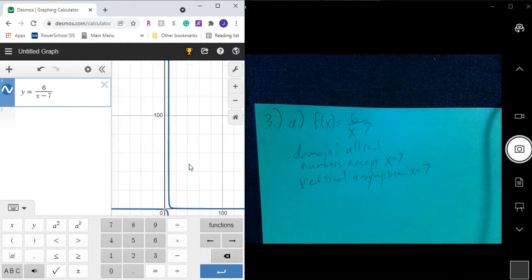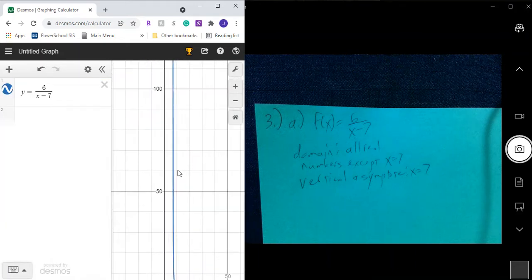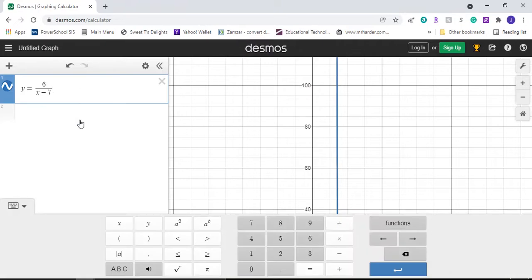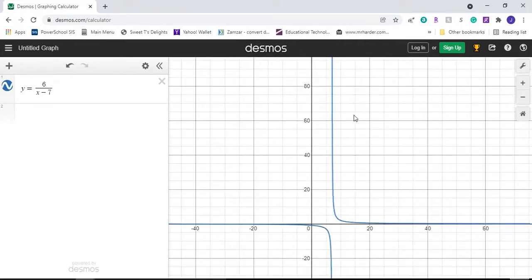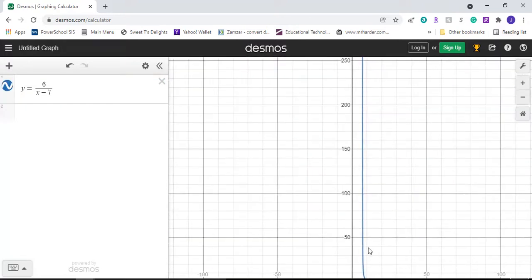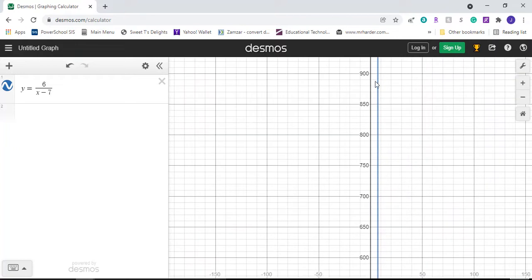Now, if you look at this graph here, we can go all the way up this line, and I like Desmos because I can keep going, keep going. Matter of fact, let's go up here to 900.